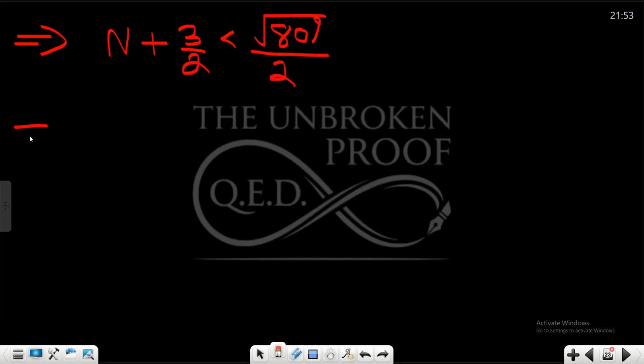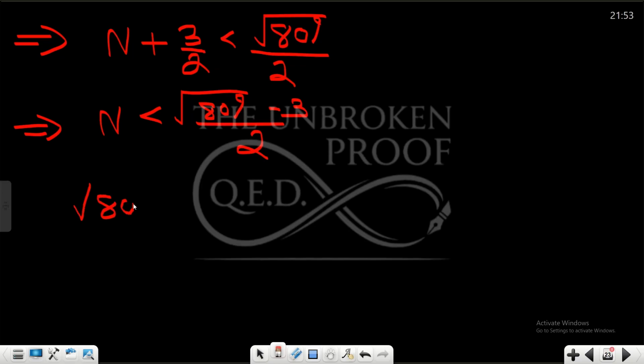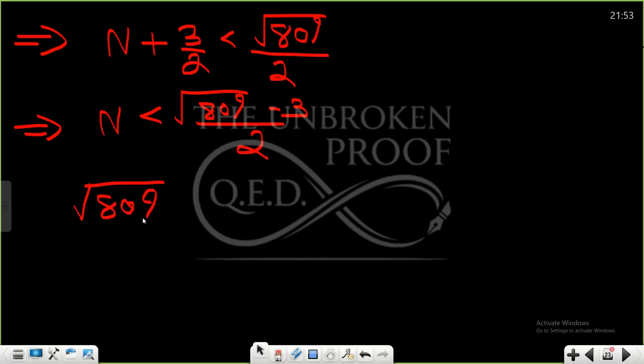If we take 3 by 2 to the RHS, then we'll get n is less than root 809 minus 3 by 2. Now if you see, root of 809 is actually greater than 28 but less than 29.